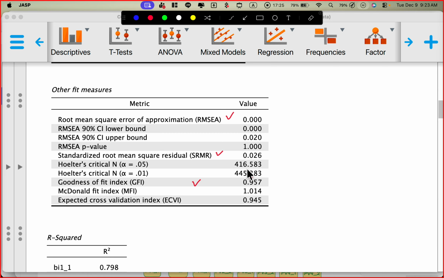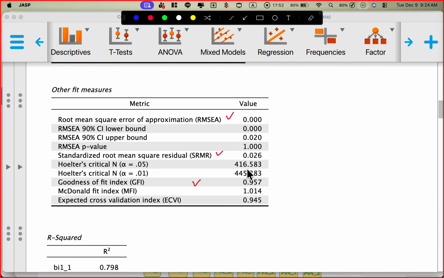For our case here, the lower bound is 0, right? And the upper bound is 0.02. Is this significant or not for the confidence interval?